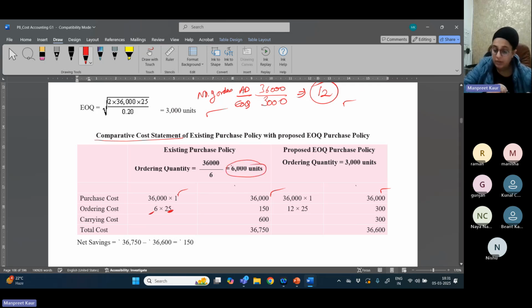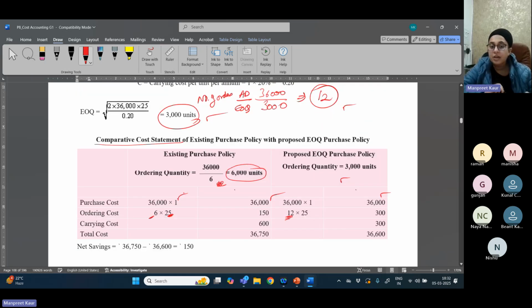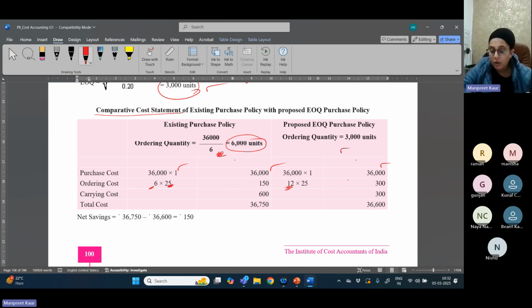If we follow the existing purchase policy, there are 6 orders, so 6 multiplied by 25 is 150. According to this EOQ, 12 orders are there, so 12 into 25 gives a cost of 300.